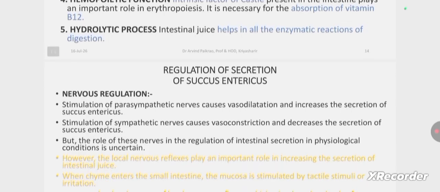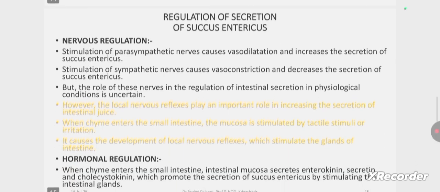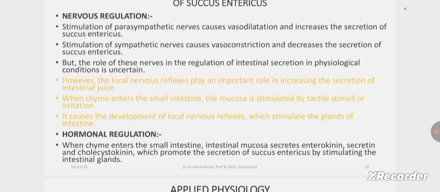Next we will see the regulation of secretion of succus entericus. All small intestine secretion is regulated in two ways. One is nervous regulation, and the second is hormonal regulation. In nervous regulation, sympathetic and parasympathetic activity is involved.